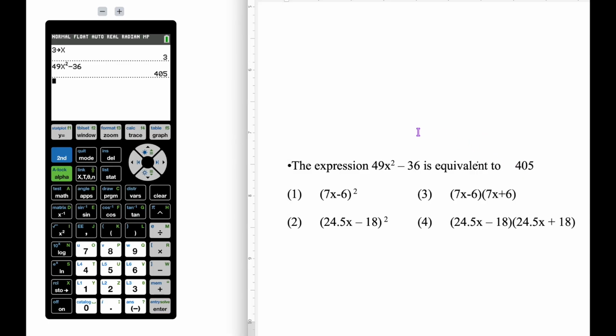That is my target number. The expression that is equivalent to this will also give me 405 as a result when I type it in. So now all I have to do is type these answers in one at a time until I get 405. And when I get 405, I found the correct answer.